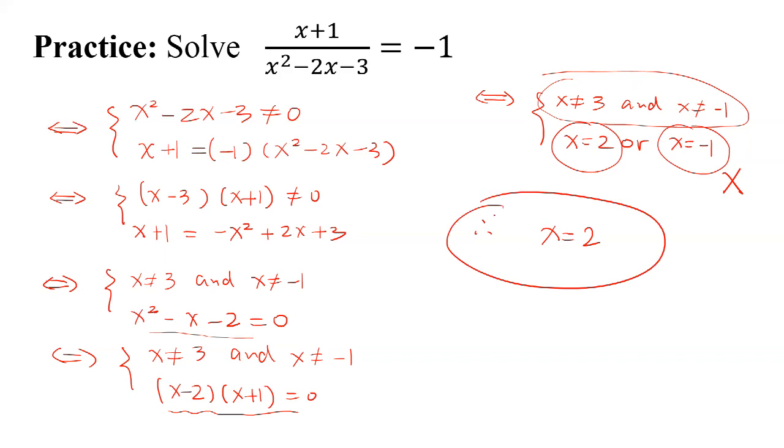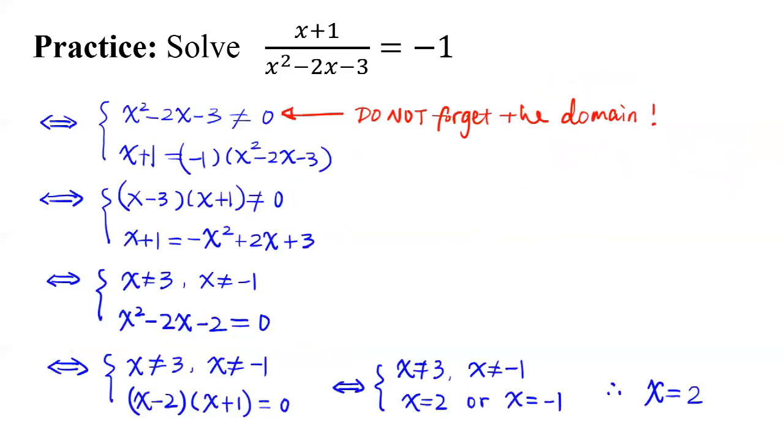Okay, this is our final solution. Okay, do you have any questions? No? All right. You can also check the solution here. Sorry, there is a typo. This should be a coefficient 1, not 2. All right, any questions?